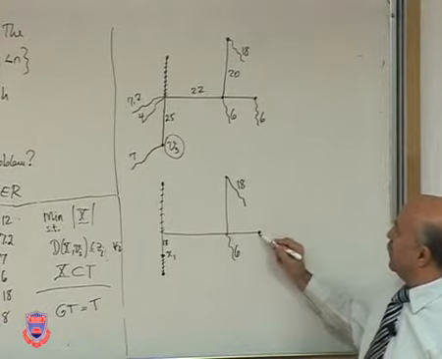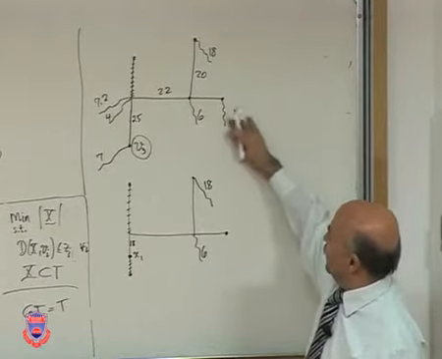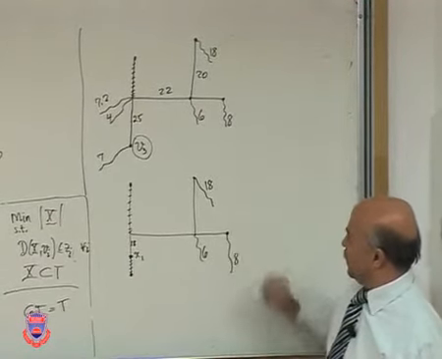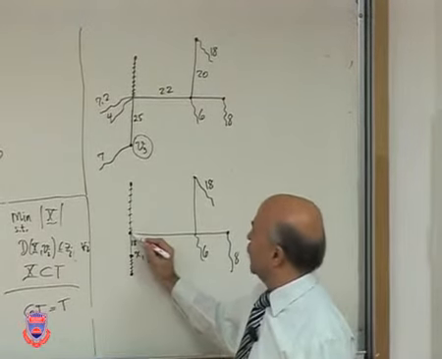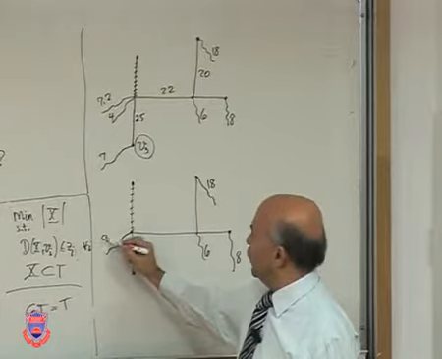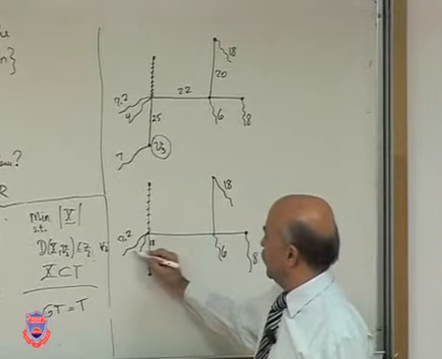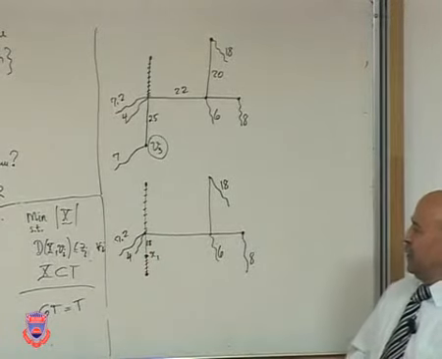This one was what, 8? And I've got 7.2 and 4. All right.